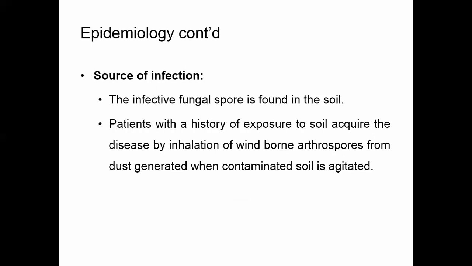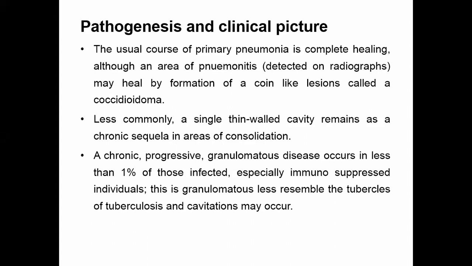Most of the historical case studies found that most patients had a connection to soil exposure, either through air from contaminated soil, or through windborne arthrospores like from dust. So there are many histories associated with the particular source of infection.